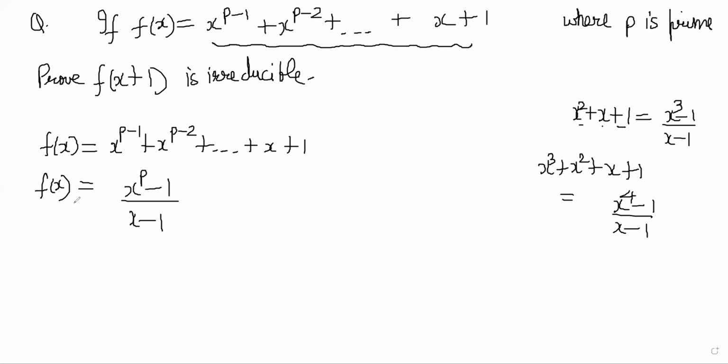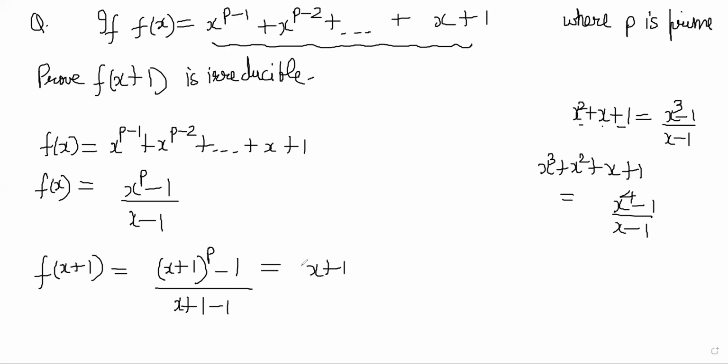So what about f(x+1) now? If I put x+1 here, it becomes ((x+1)^p - 1)/(x + 1 - 1), which is simply ((x+1)^p - 1)/x. Great, we have understood what the f(x+1) polynomial is.